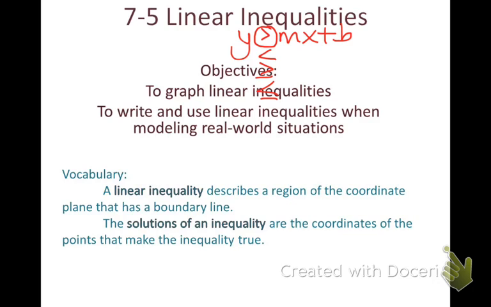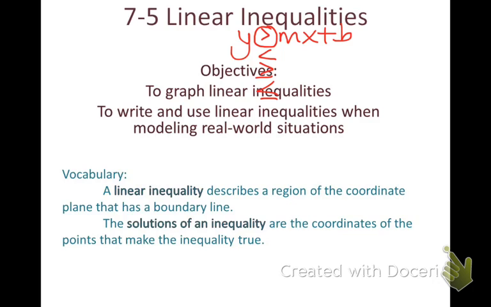So, vocabulary. A linear inequality describes a region of the coordinate plane that has a boundary line. Now, when we had a linear line, all the points on that line worked.